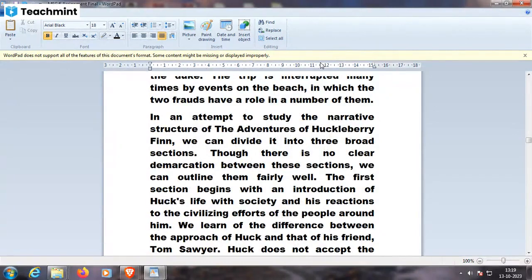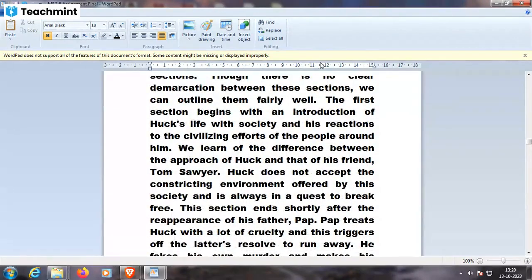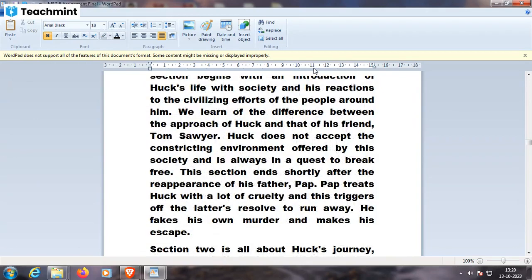We learn of the difference between the approach of Huck and that of his friend Tom Sawyer. Huck does not accept the constricting environment offered by this society, and is always in a quest to break free. This section ends shortly after the reappearance of his father, Pap. Pap treats Huck with a lot of cruelty, and this triggers Huck's resolve to run away. He fakes his own murder and makes his escape.